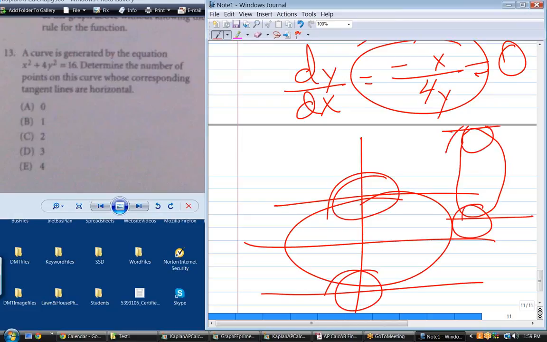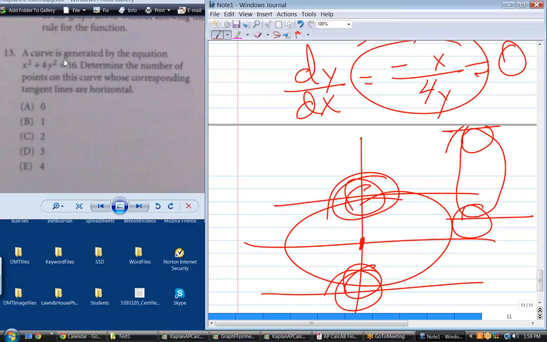So just because we come up with x equals 0 as the place where those horizontal tangent lines occur doesn't mean that the answer is 1. It just means where on the x-axis it occurs. It occurs at 0, but it happens to occur at 2 places.